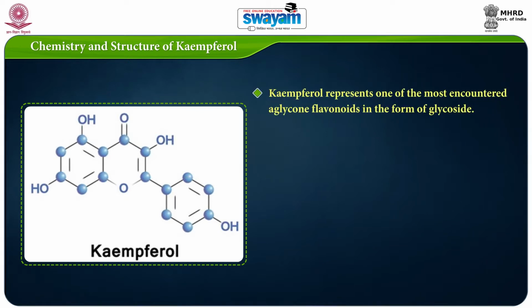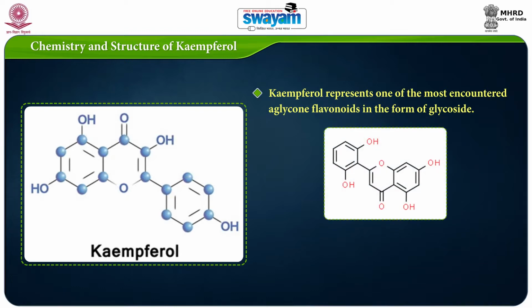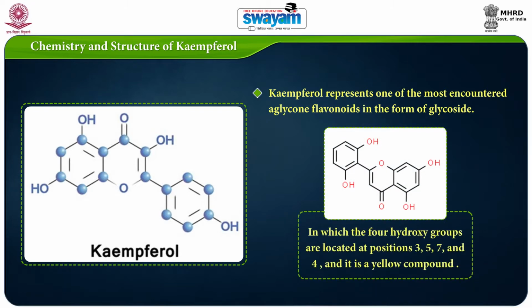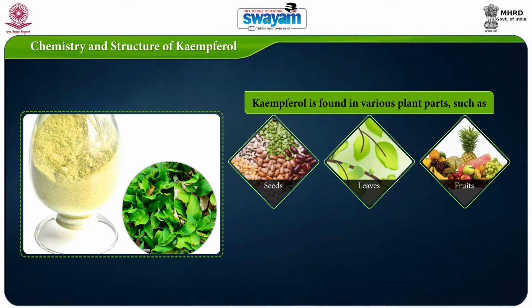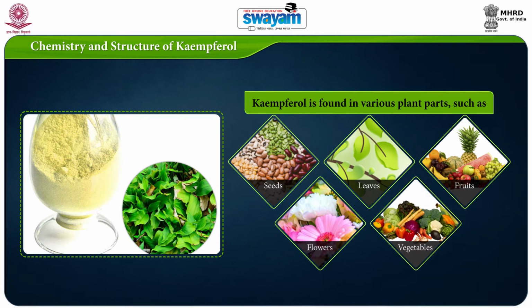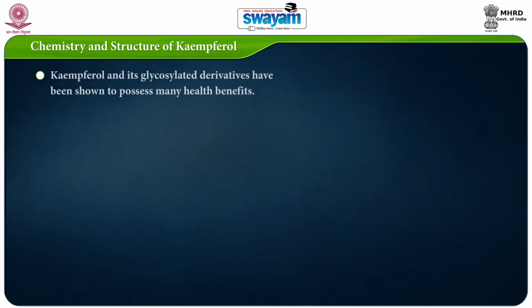Kaempferol represents one of the most encountered aglycone flavonoids in the form of glycoside, tetrahydroxyflavone, in which 4 hydroxy groups are located at positions 3, 5, 7 and 4, and it is a yellow compound. Kaempferol is found in various plant parts such as seeds, leaves, fruits, flowers and vegetables. Kaempferol and its glycosylated derivatives have been shown to possess many health benefits.